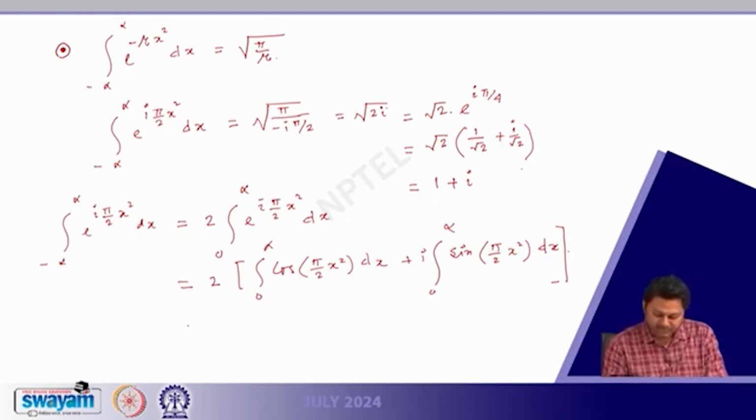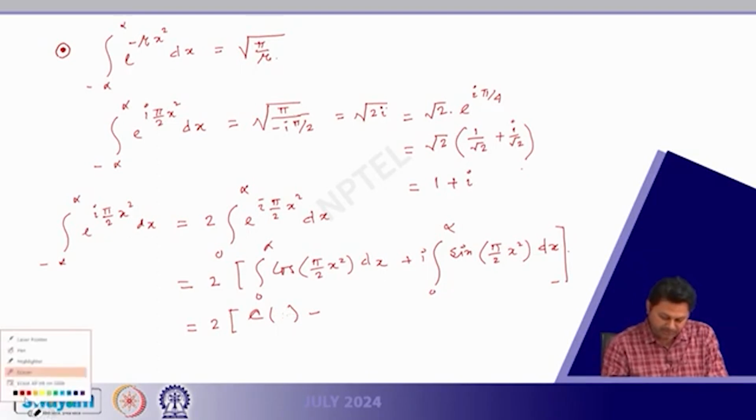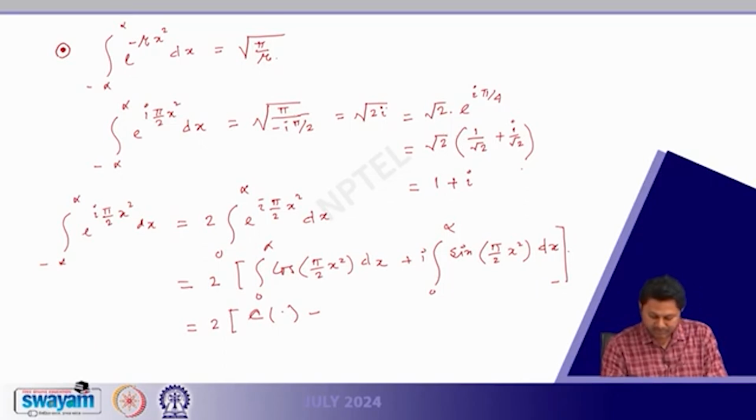This is the Fresnel's integral C, not of nu because here the limit is infinity, so it is C infinity plus i S infinity, and that quantity is equal to 1 plus i.